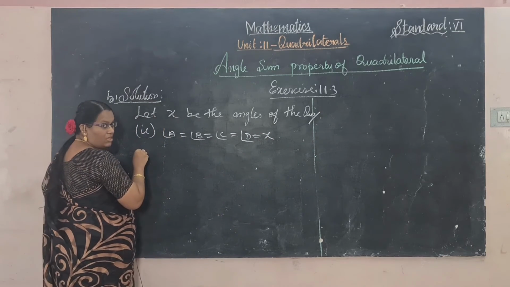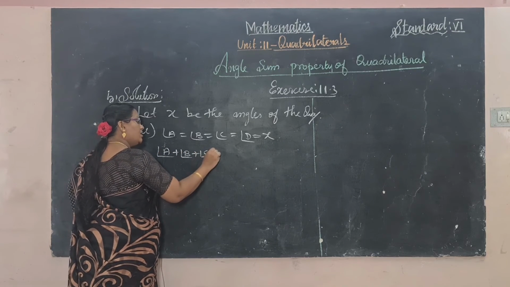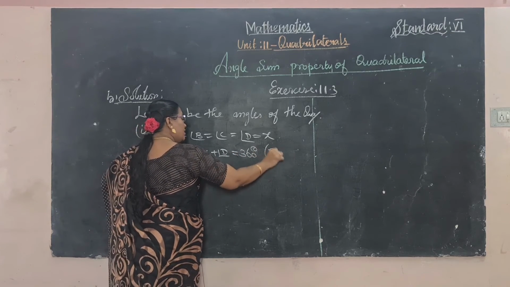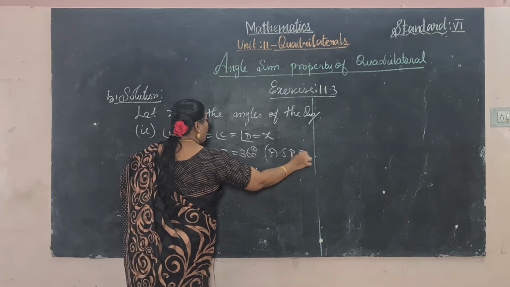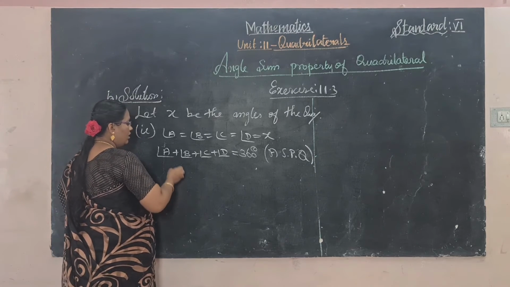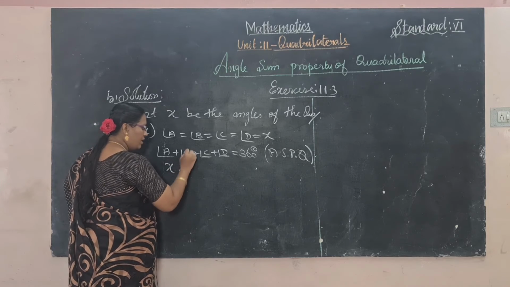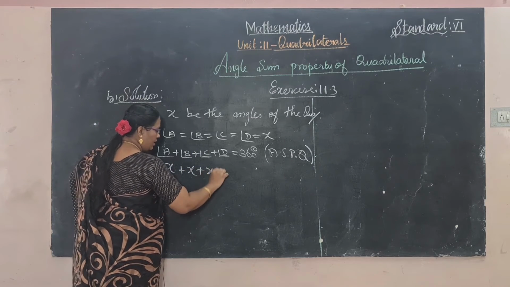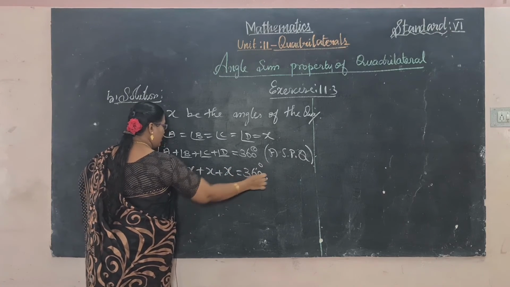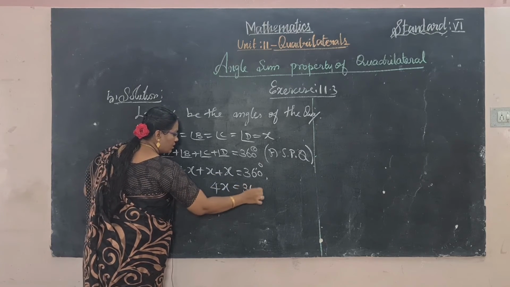Okay. Now using the angle sum property of the quadrilateral, angle A plus angle B plus angle C plus angle D equals 360 degrees. The sum of the 4 angles is 360 degrees. So A value was x, B value was x, C and D also x, equal to 360 degrees. The sum of these values is 4x equal to 360 degrees.